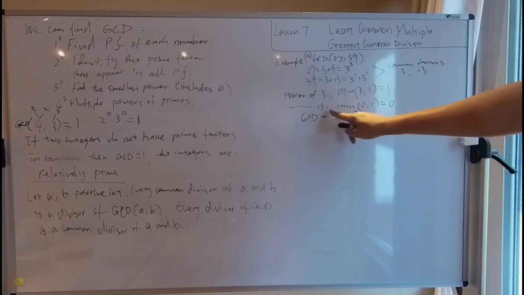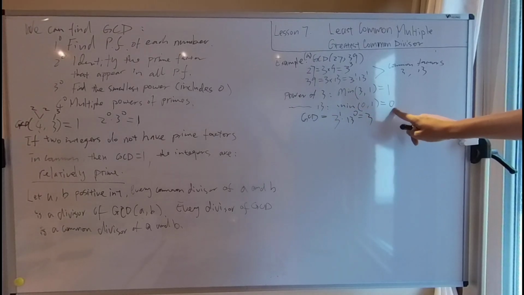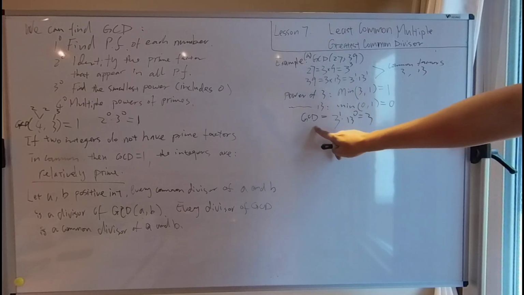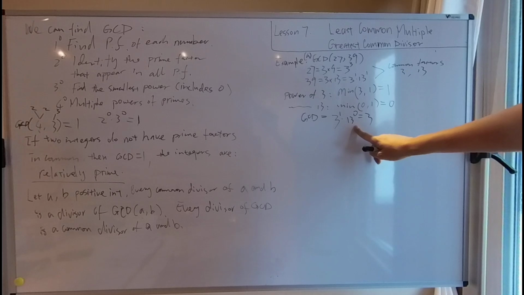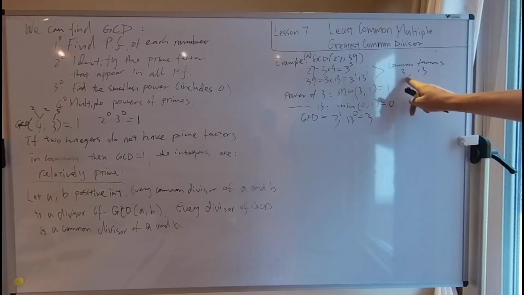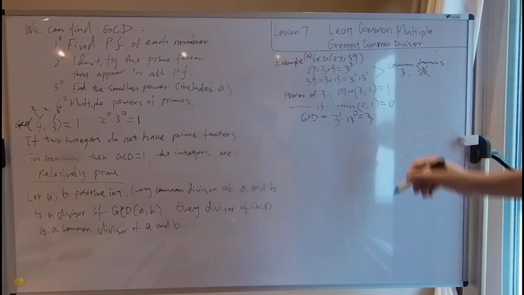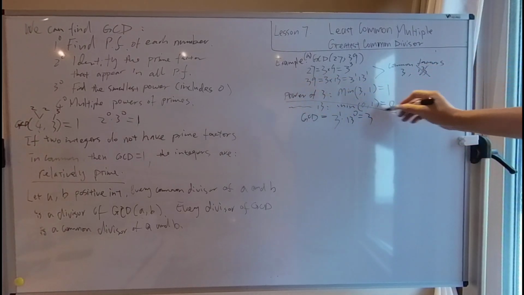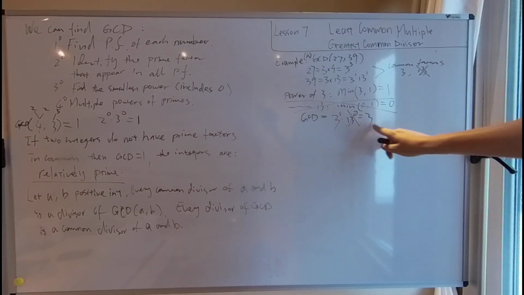And then when you take the minimum, if you already have a 0 somewhere, then your minimum must be 0. And it ends up that your GCD will always have a 0 power for that factor. So unlike the LCM where you take the maximum, so you need to list all the possible factors, here if you only list the common factors, that will be sufficient to get your answer of 3.